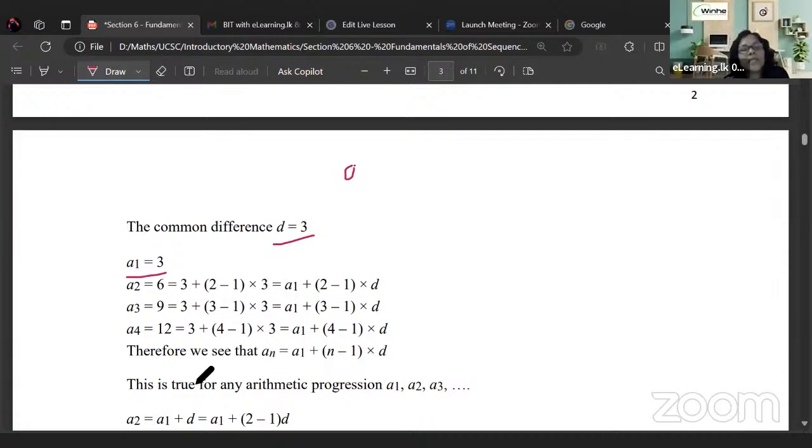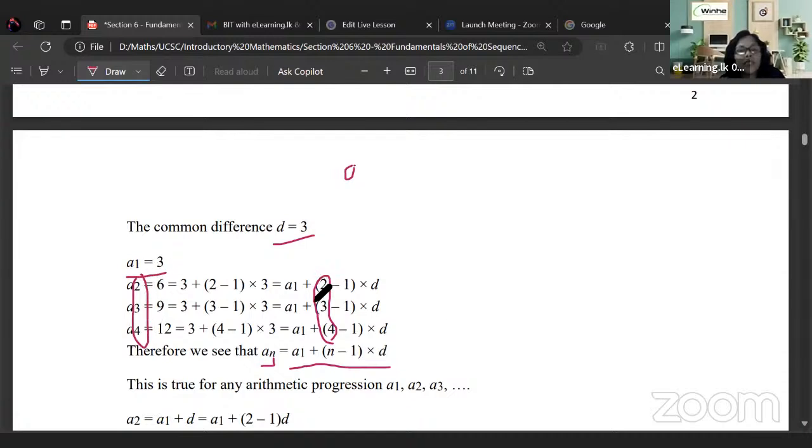So what do we get from this? You can write the general term of any arithmetic progression. Instead of 3, you can put A1 plus the number, which represents the term number.